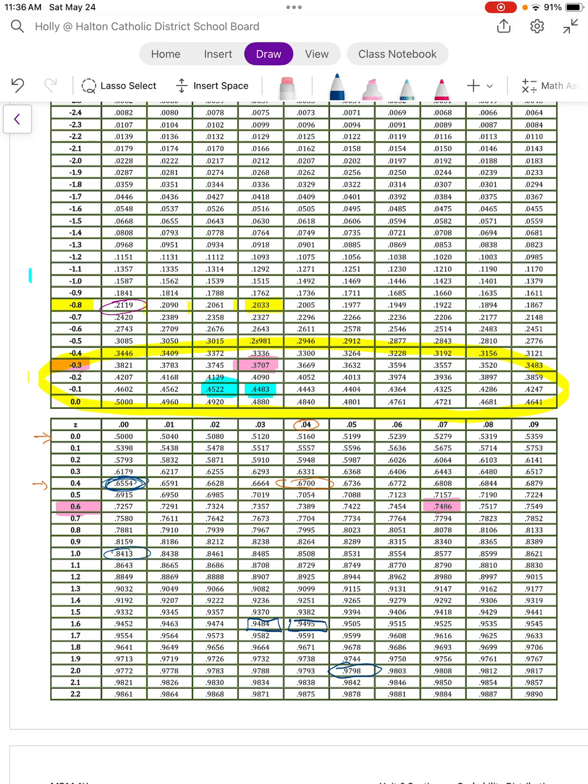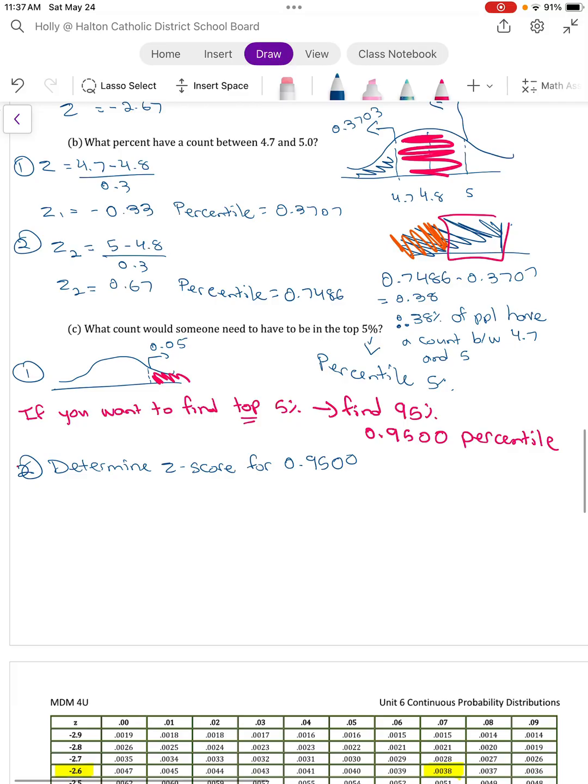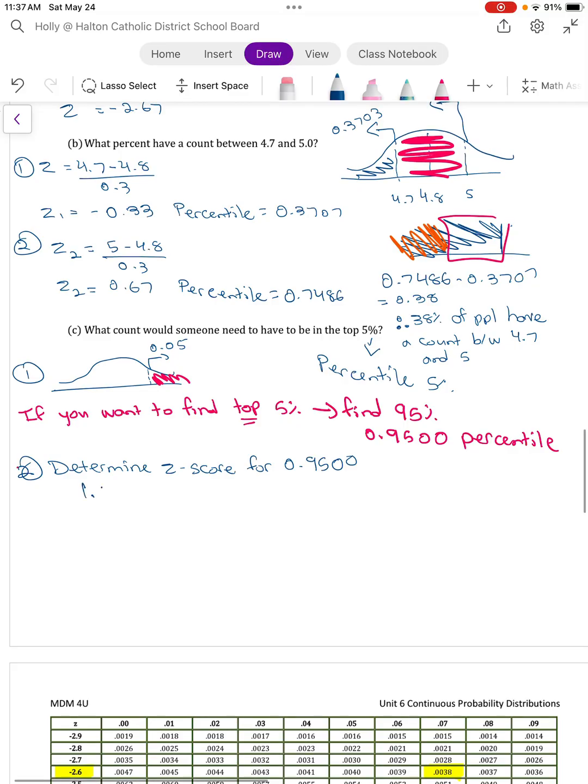Those are both close to 0.95. You could also potentially look at 0.9505. So let's use just the average between the two for this purpose. So I have 1.64 plus 1.65 divided by 2. That gives me 1.645 as a z-score.